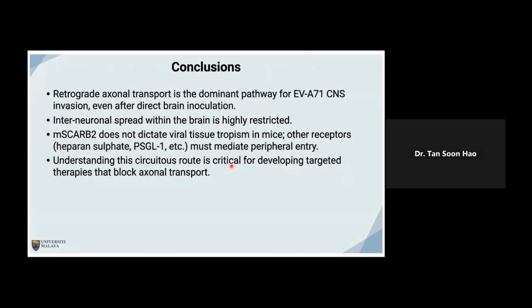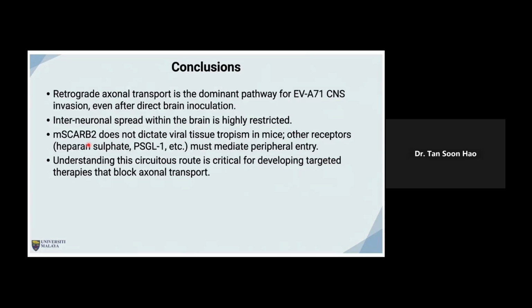So in conclusion, we believe that retrograde axonal transport is still the dominant pathway for EV-71 to invade the CNS. And once inside the CNS, the EV-71's interneuronal spread is highly restricted. The mouse SCARB2 does not dictate the viral tissue tropism in mice.